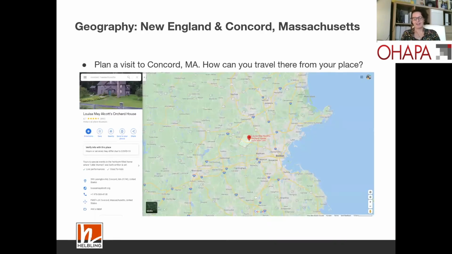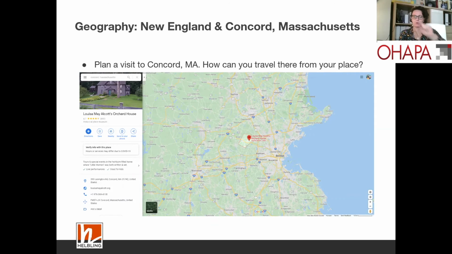So first, again, we move on to a map, and we can talk about the geography or the history of New England, and students can learn that the story is set in Concord, Massachusetts. You can explore the most important states in New England, and these are the oldest states in the US.